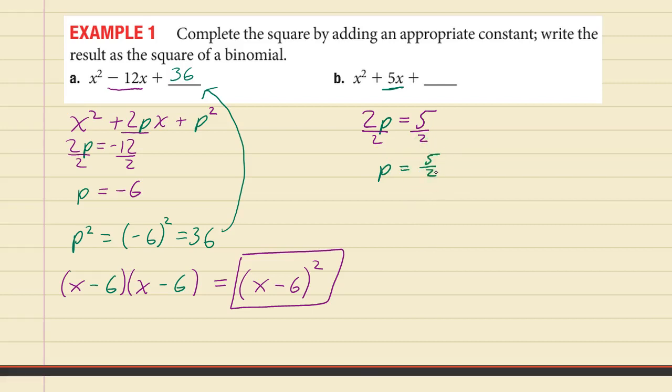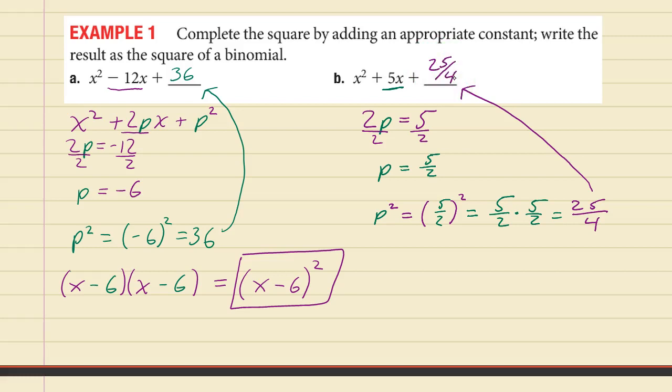Then we need to square that. So 5 over 2 squared really means 5 over 2 times 5 over 2, and that just gives you 25 over 4, and so that's what we're going to add to this.